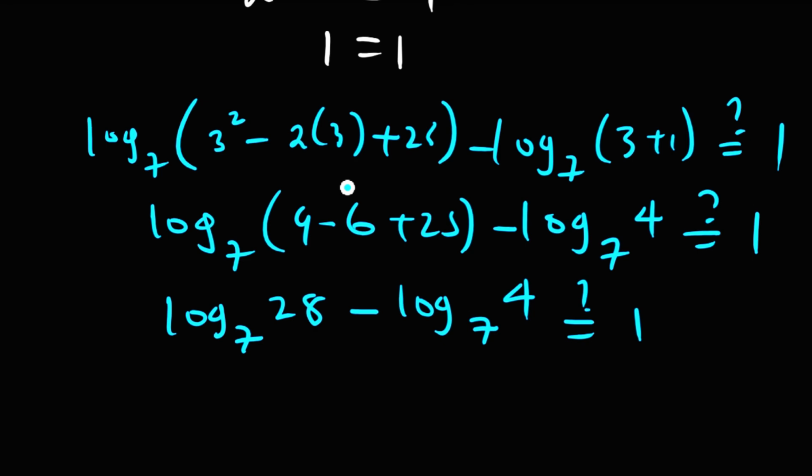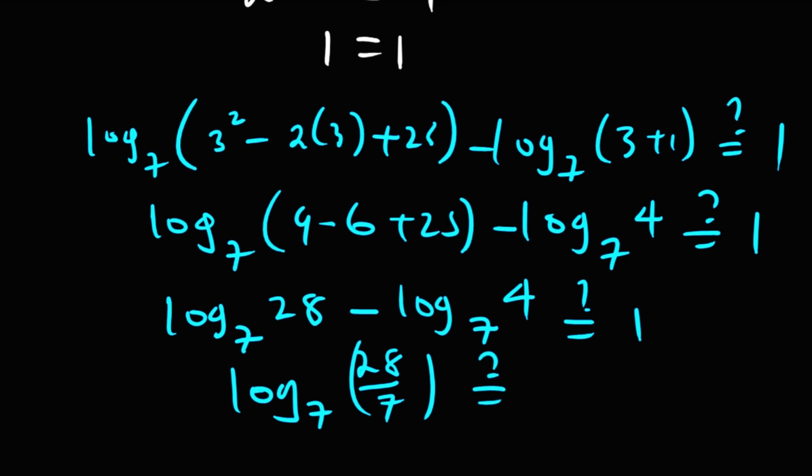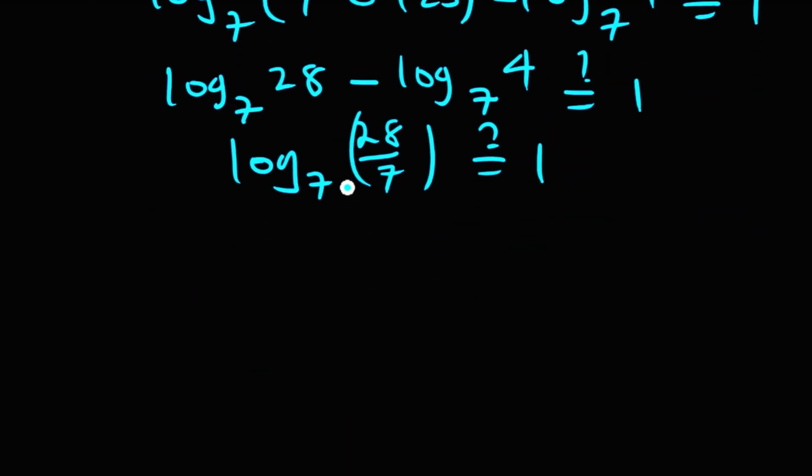We can combine the terms on the left-hand side using the second law of logarithms, so this is log to base 7 of 28 divided by 4. I said 7 earlier, but it should be 4. 28 divided by 4 is 7, and we check if that is equal to 1.